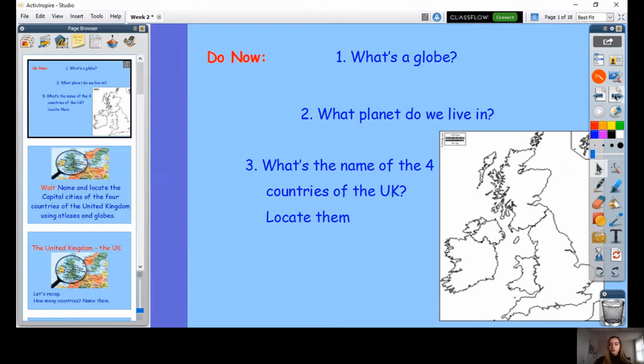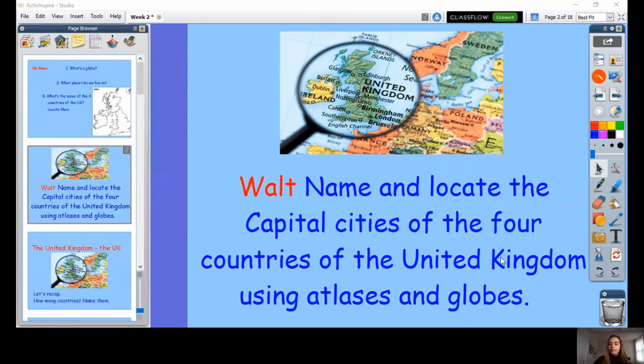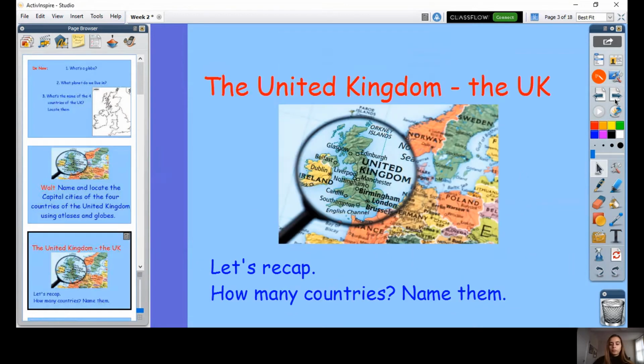Today, we are going to be able to name and locate the capital cities of the 4 countries of the United Kingdom using atlases and globes. So we just recapped that there were 4 countries in the United Kingdom. Can you tell me again, what are those 4 countries called? And this time I want it to be even louder.